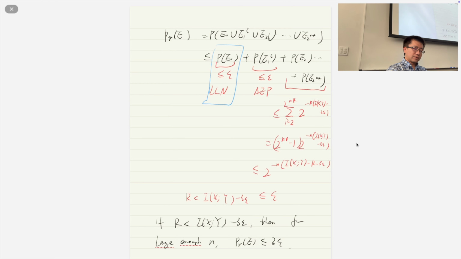And the rest of the steps are the same as before, so we use expurgation and so on. That's basically the proof of achievability.